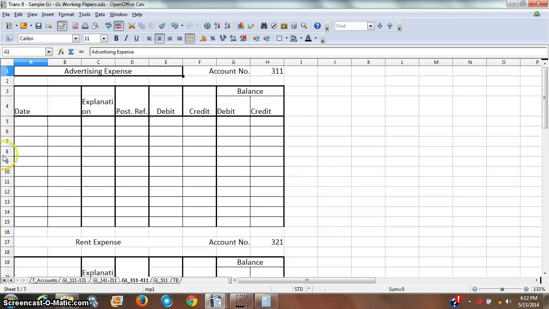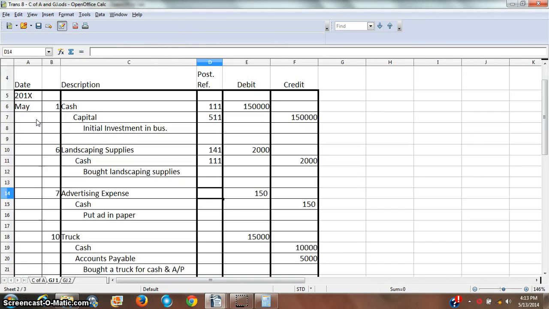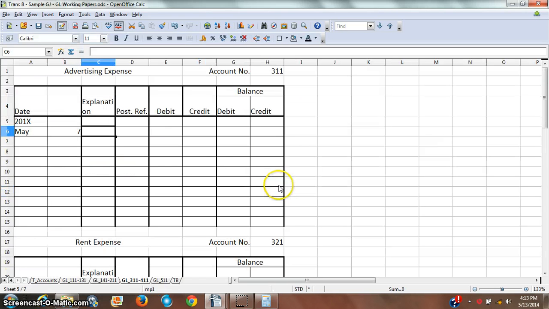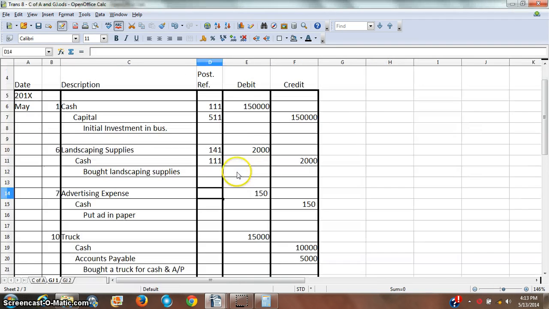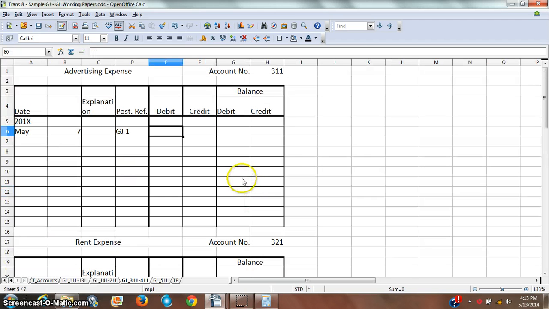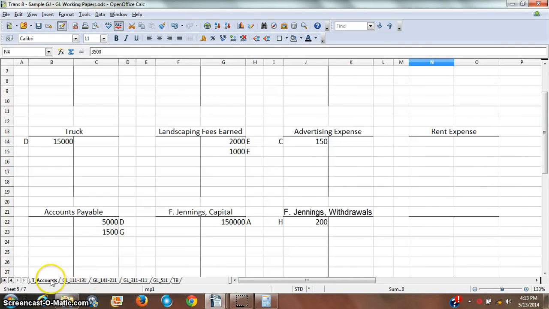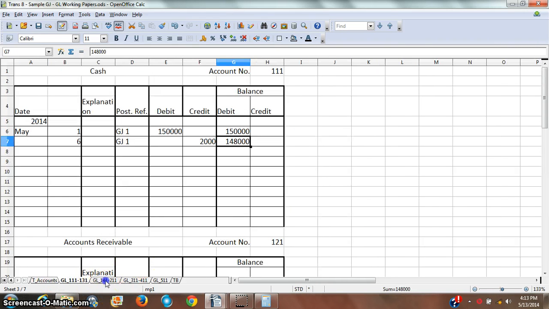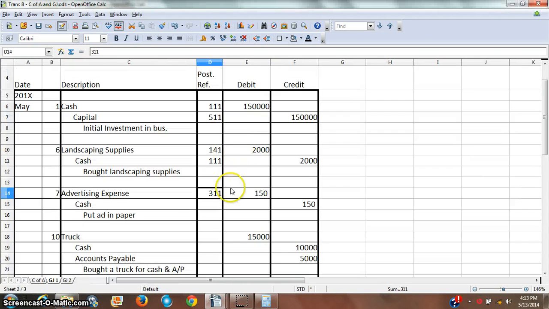I'd recommend, as you're doing this, that you look and see how your papers are laid out on your desk, because you're going to be flipping back and forth between these sheets the way I'm flipping back and forth between my sheets here. So you want to think about whether things are laid out well. This one again is a debit of $150. That's all I had, so there's my debit account.